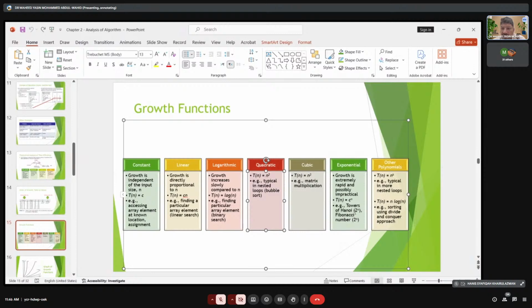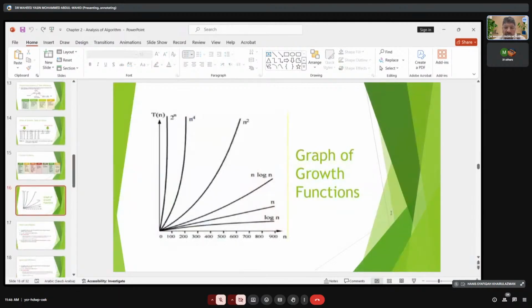Examples: Tower of Hanoi and Fibonacci numbers. Other polynomials, T(n) equals n power k, typical with more nested loops. T(n) equals n log n, for example sorting using the divide and conquer approach. This will consume only n log n. This is the graph for log n and c power n.